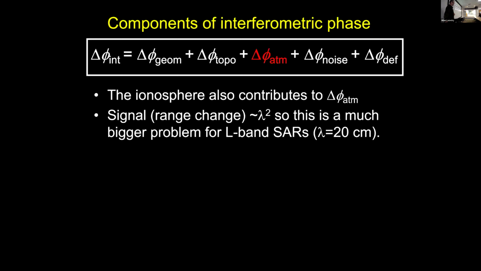I don't know how correct this question is, but now that we have lots of data, for example from Sentinel-1, can we use the data itself for atmospheric correction? For example, a statistical analysis like component analysis? Yeah, there's work on that, and you'll hear later in the course.